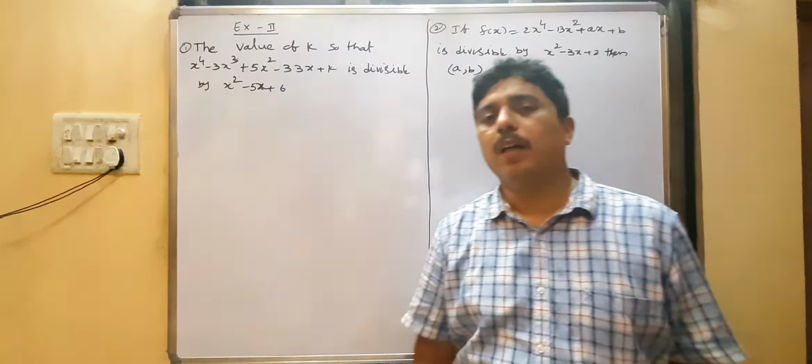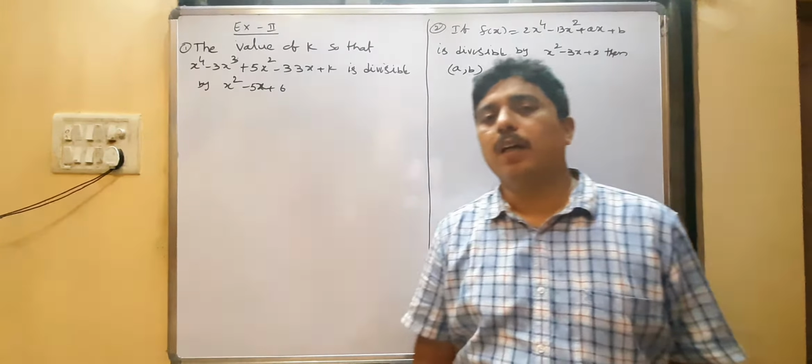We know very well that we can use second degree polynomial synthetic division. Like you can write the P and Q values 5 and minus 6. Given equation coefficients: x power 4 coefficient 1, minus 3 for x cube, next 5 for x square, next the coefficient of x, and k. You are dividing by a second degree polynomial, so the last two terms go to the remainder.